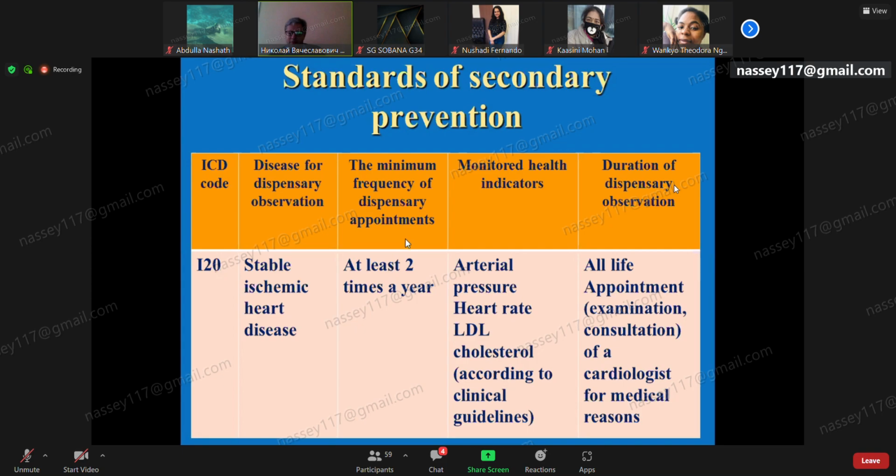Minimal frequency of dispensary appointments is at least twice per year. Obligatory examinations, monitored health indicators are arterial blood pressure, heart rate, and LDL cholesterol level.